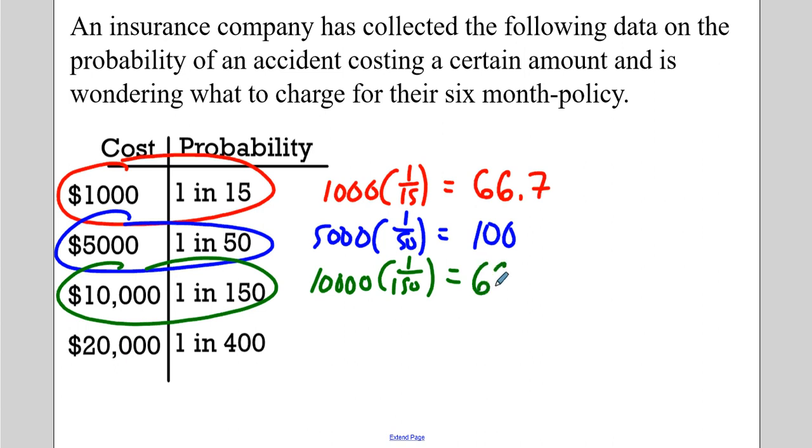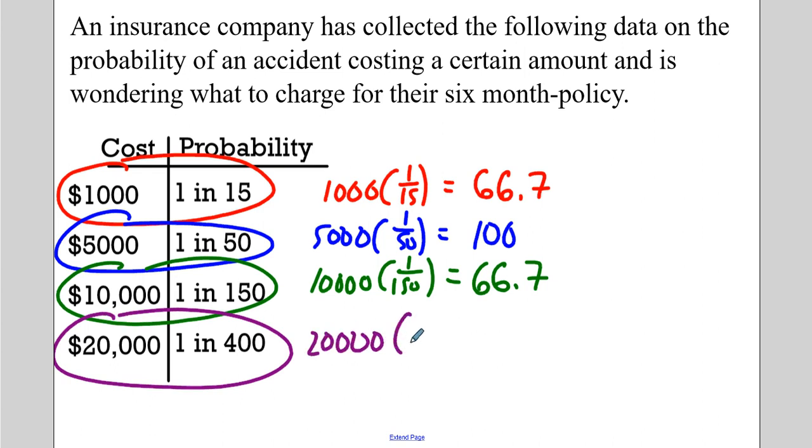That is 66.7. And then the last one, a $20,000 accident, 1 in 400. That's going to cost them $50.